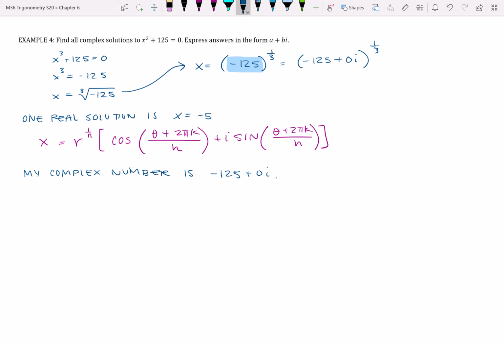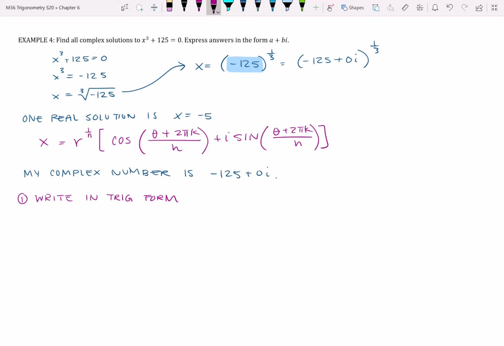And in order for us to use that theorem, we have to write our complex number in trigonometric form, or we have to find r and its theta. So that's step one. So let's write it in trig form.